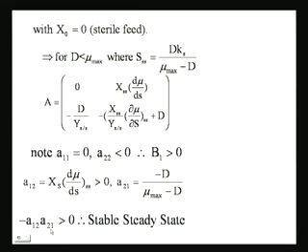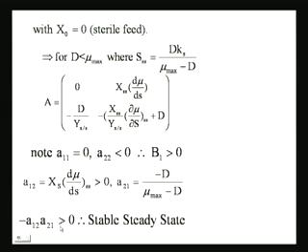Now, the other criteria is the only one that we have to take care of. This is a product of these two, minus A12 times A21. So, what you will get is D times XSS over del mu del S over Y, and minus of that, and there is a minus out here. So, the whole thing comes out to be positive. So, D XSS del mu del S over Y has to be greater than 0.